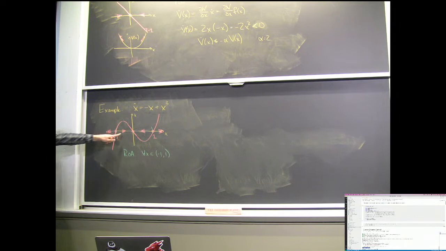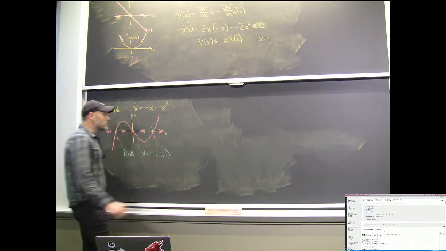Every initial condition between, but not including, negative 1 and 1 will get to that fixed point. Okay, we can prove that. Here it's obvious from graphical analysis, but in more complicated systems we can prove that using Lyapunov functions.